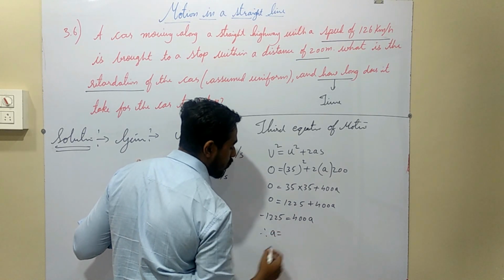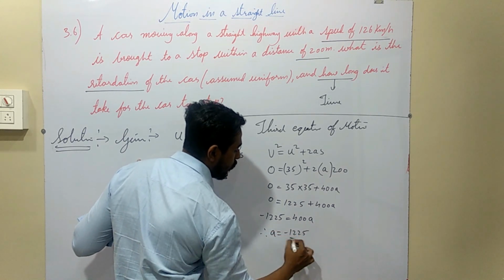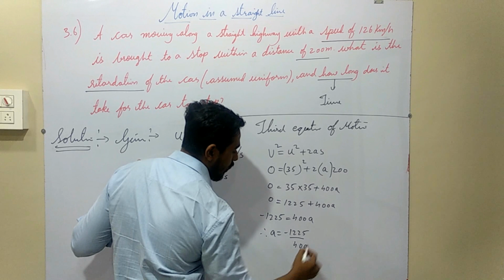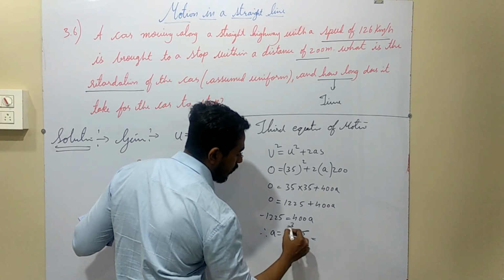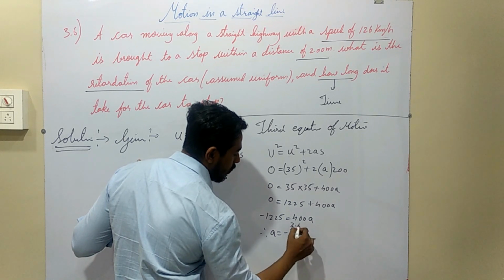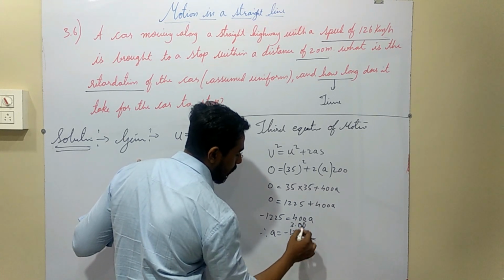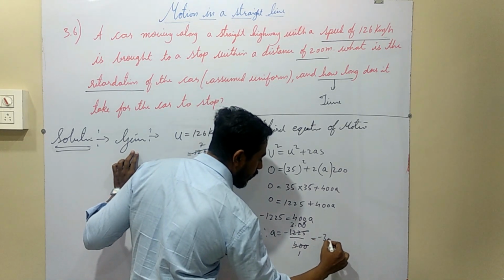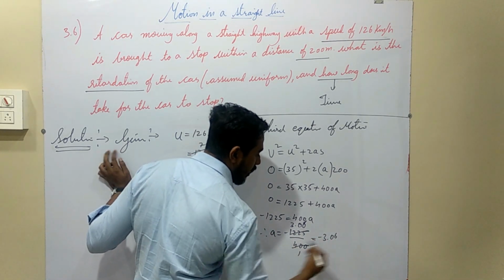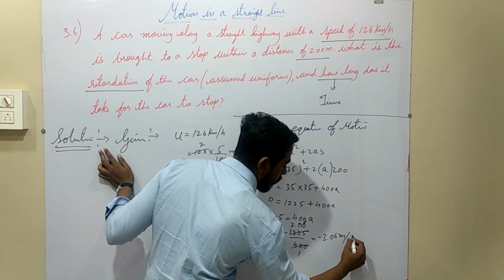Therefore, a is equal to minus 1225 divided by 400. When you calculate this, this will be nearly 3.06. Therefore a is minus 3.06. Acceleration should be written in meter per second square.